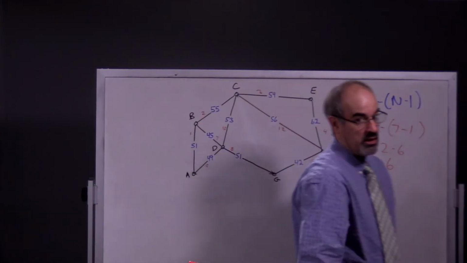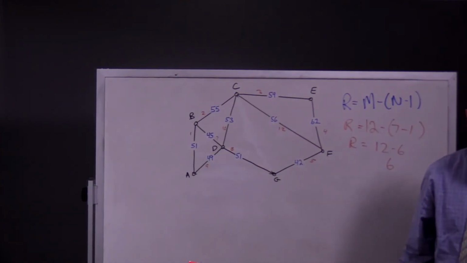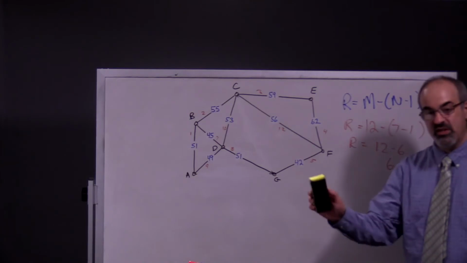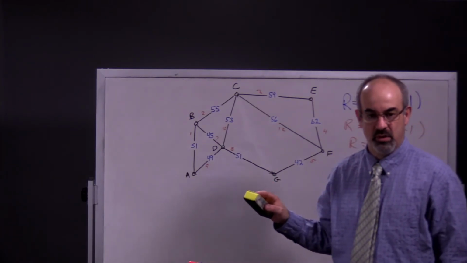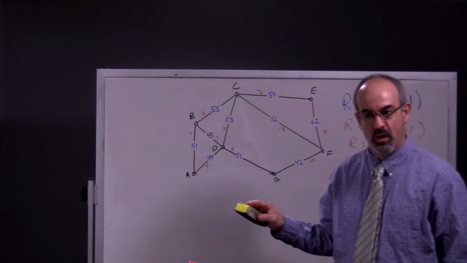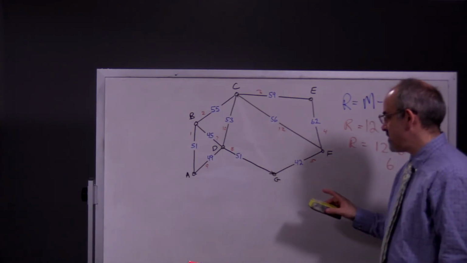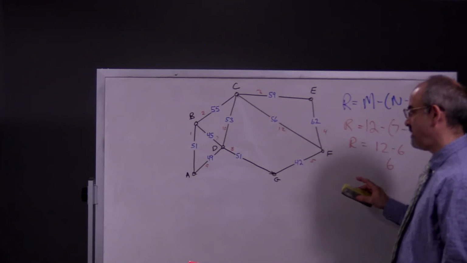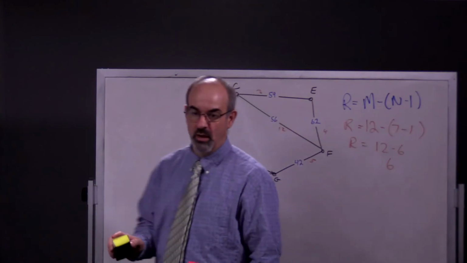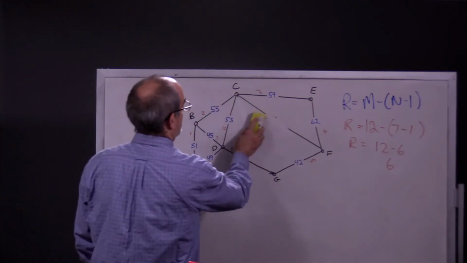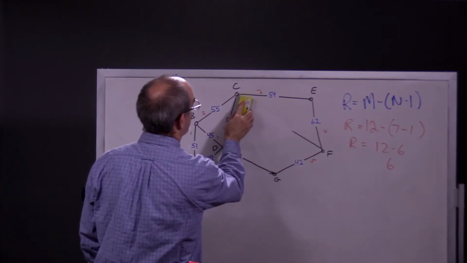Basically, you can go ahead and erase an edge, just in general. Now, you're going to hopefully do enough of these examples so you see what you can do. But you can erase an edge whenever you notice that by erasing that edge, there's still a network. Like I can erase this edge too. Everything's still connected.